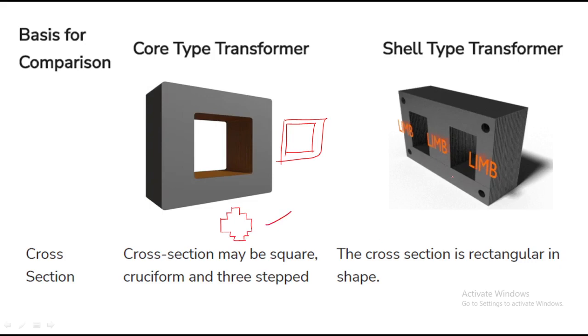So coming to the shell type transformer, the cross section is rectangular in shape. It should be in the form of a rectangular shape. This is the shell type and this is core type.